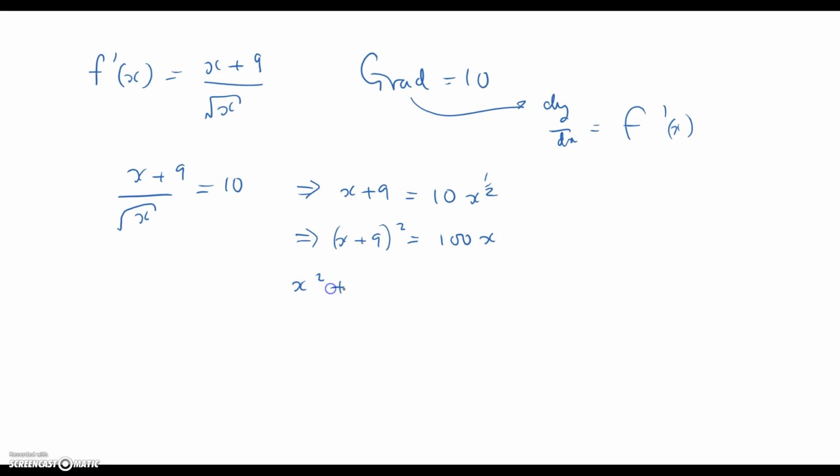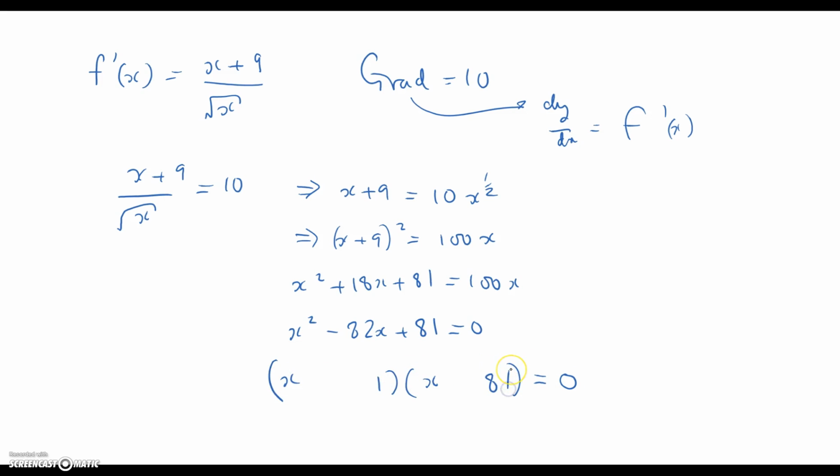So now we've got x squared plus 18x plus 81 equals 100x. There we go, so it factorised as well.